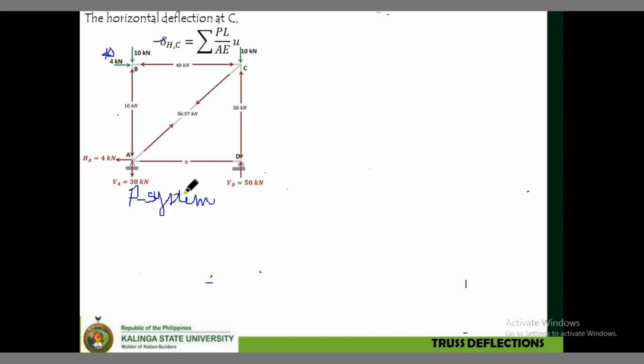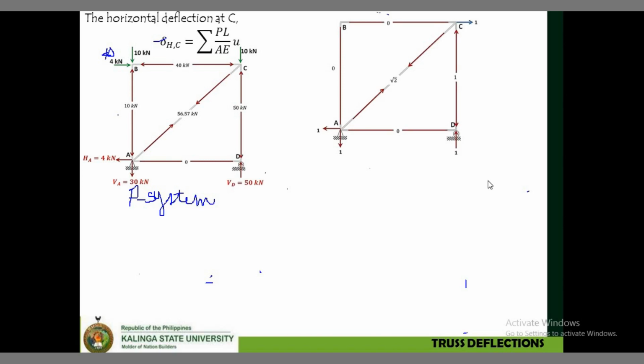If you try to read the notes that I have posted, this figure, we call this your P system. And then, sa step 2 kanina, ito yung ating figure. Alright? This figure now, di ba inalis natin yung external loadings? In-apply natin si 1. So, this figure, we call this your U system.